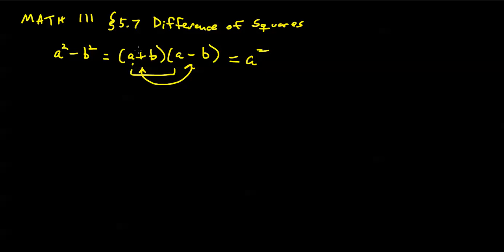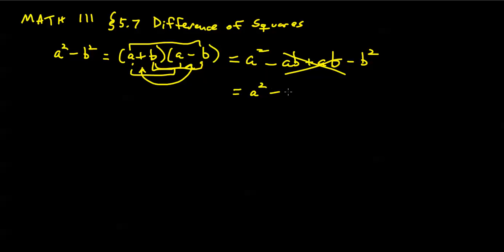The outer product, I'll call negative a times b. The inner product is b times a, which I can equivalently call plus a times b. And the last product is negative b squared. Of course, in this special pattern, the outer and inner products cancel out, and I'm left with a difference of squares.